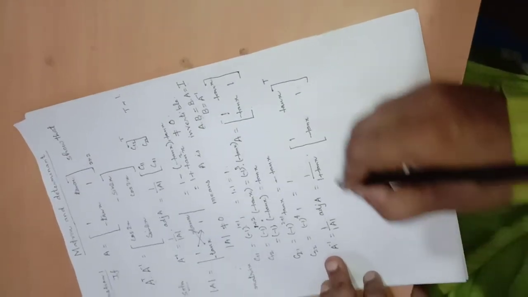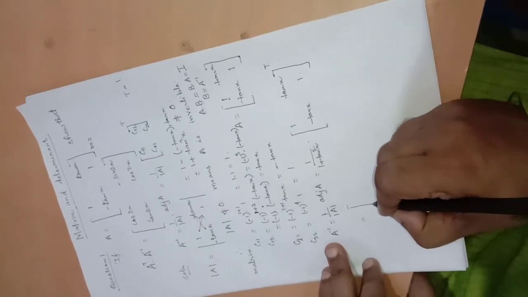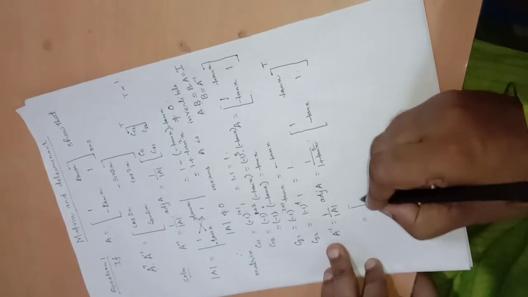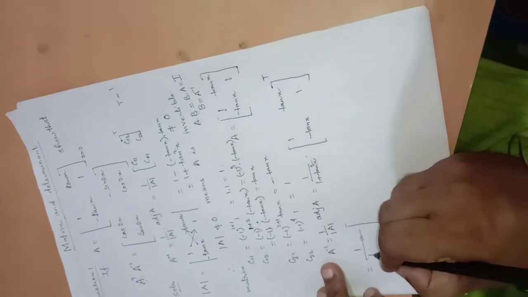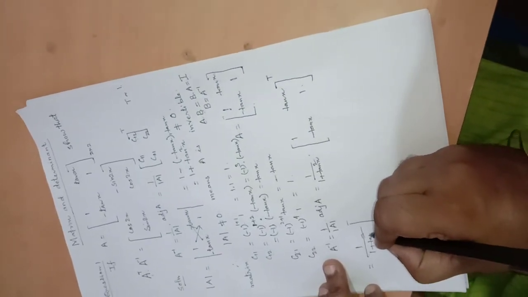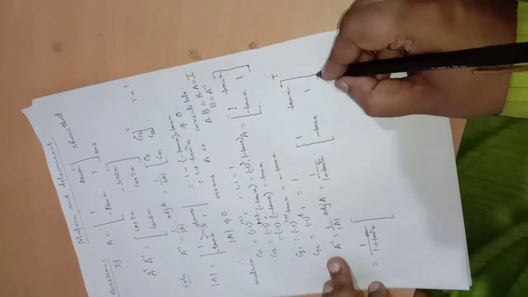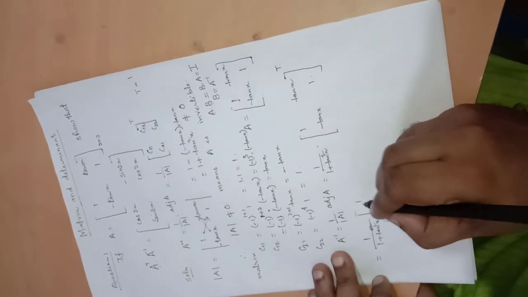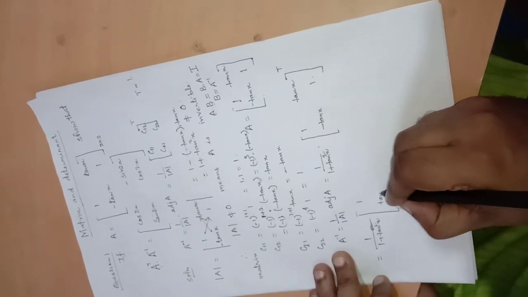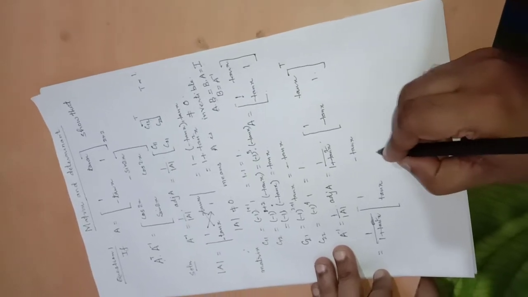So we take 1 by 1 plus tan square x, and we take the transpose, meaning we change the rows and columns. So 1 tan x, minus tan x, and then 1.